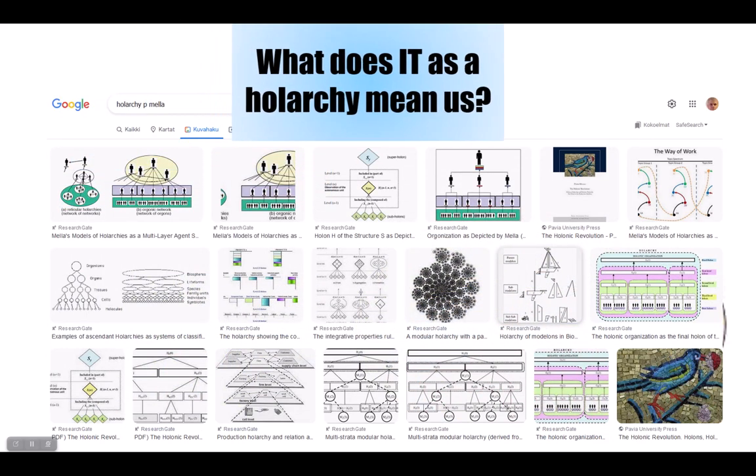Those kinds of pictures have been adopted by Google picture search from Piero Mella's book The Holonic Revolution. Those pictures are very good and expressive, and it's possible to understand what hierarchy is and how revolutionary it is in management and organization and in understanding nature and so on.